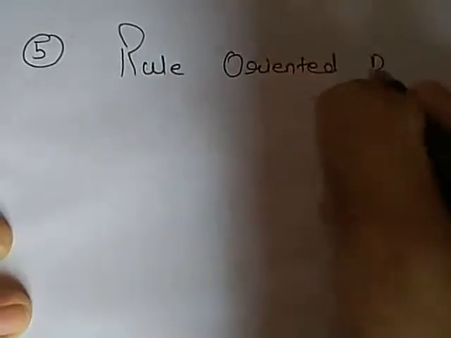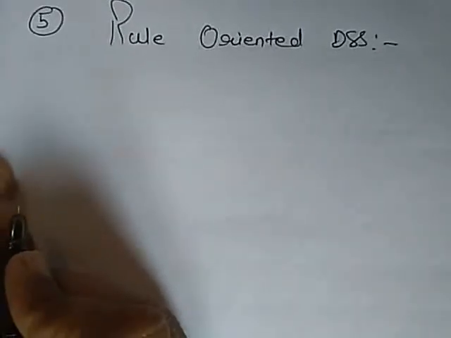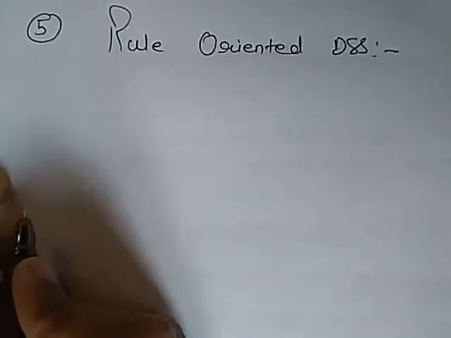Now the fifth is rule oriented decision support system. As the name suggests, in this we have to follow some rules or guidelines.